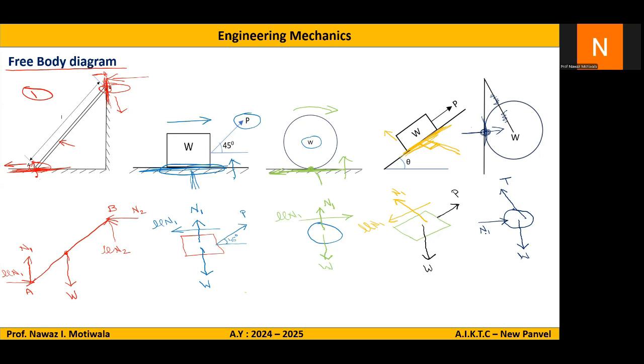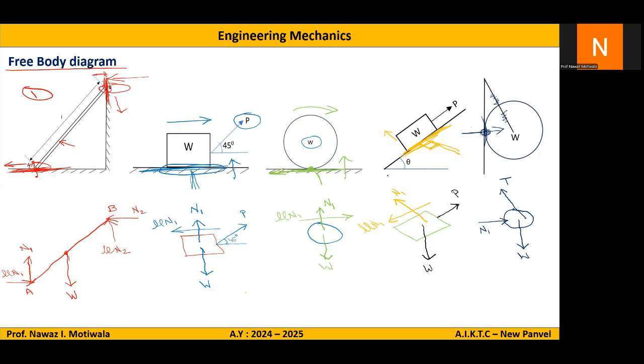Then to draw the free body diagram, first force which we are going to show is the applied force, or you can say a force in a cable or a string or a thread. That is considered to be its applied force, which has to be shown as shown in the diagram. In case of cable and rope, it should be shown away from the body as the tension. The second force which we are going to show in the free body diagram is self-weight.